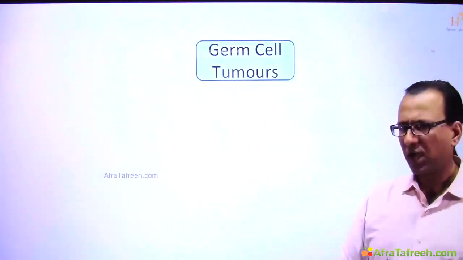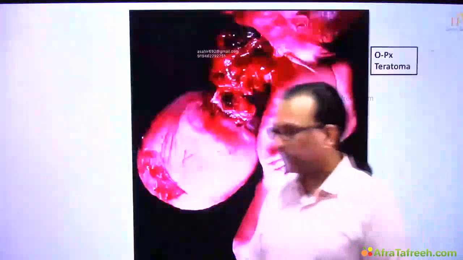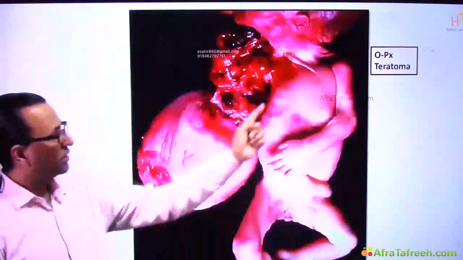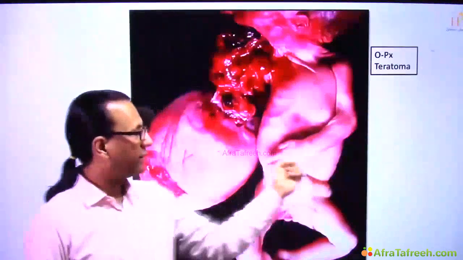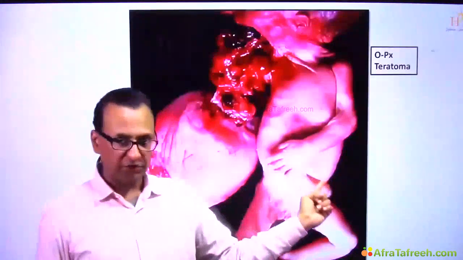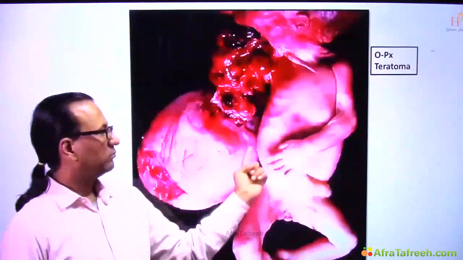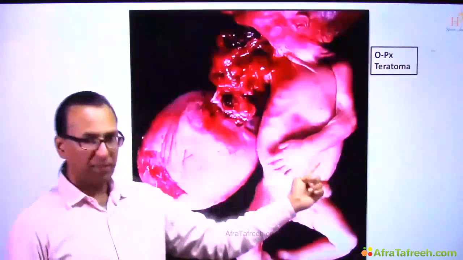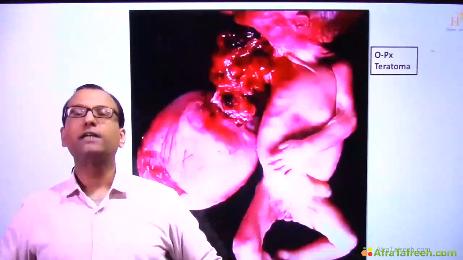When you were talking about germ cell tumors, you said one name, that is teratoma. See, this is a baby who is born with an oropharyngeal teratoma. Normally, primordial germ cells should go to the abdomen region, because in the abdomen you have the genital ridge, to form gametocytes there.